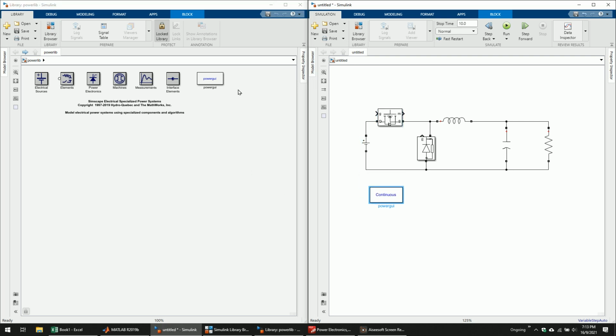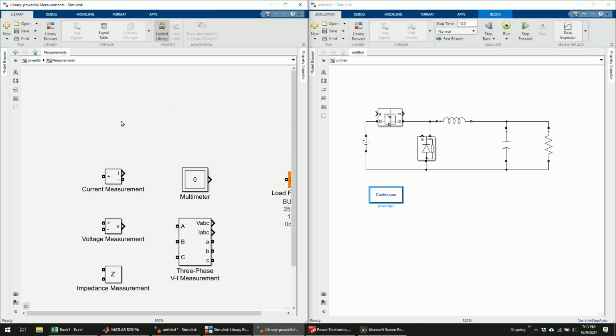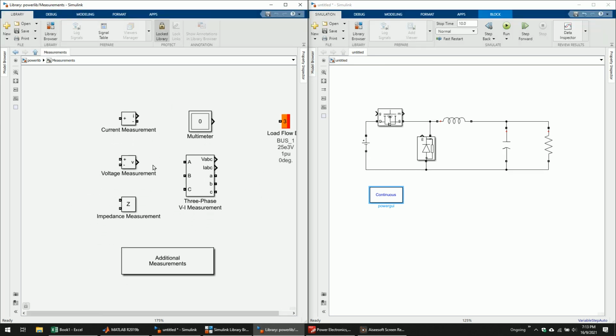Next, you already put the powergui here. Just put it anywhere, and then you have to do a measurement. You can see here you have current measurement and voltage measurement, so you need both. Just highlight and drag.